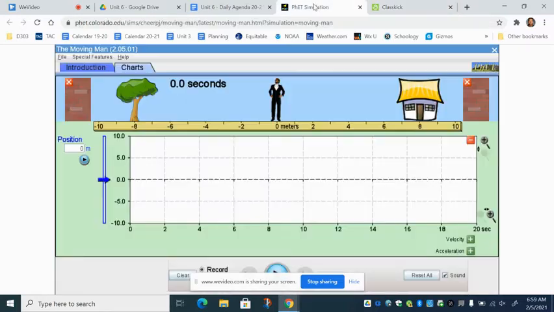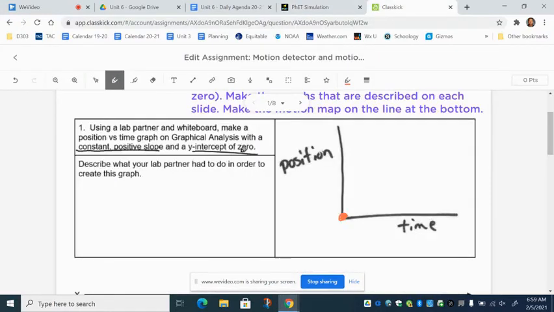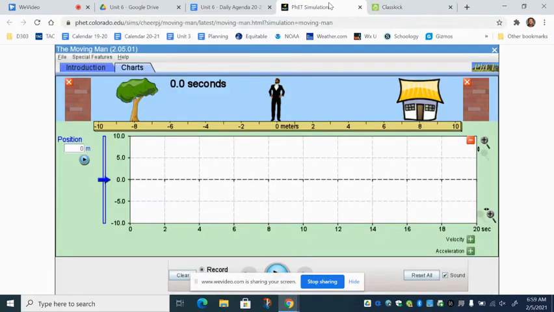So what do we need to do with the moving man to get it to start at 0 or have a y-intercept of 0? It means he's starting right there at 0. So actually we got that first. That first y-intercept is 0. Now we need to create a constant positive slope.